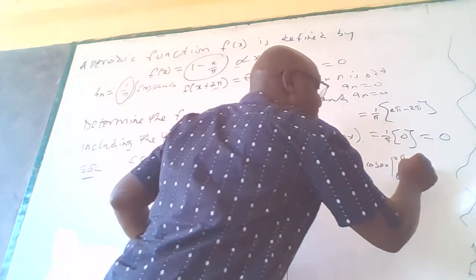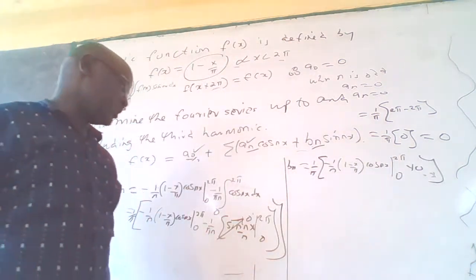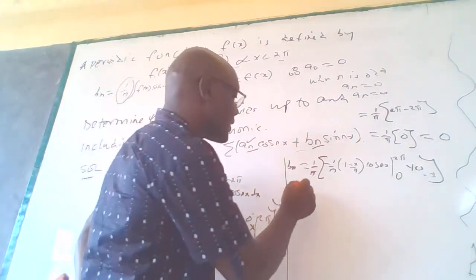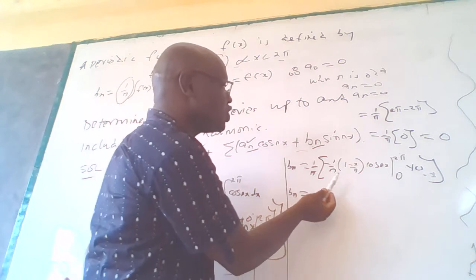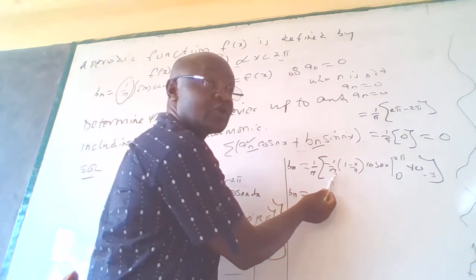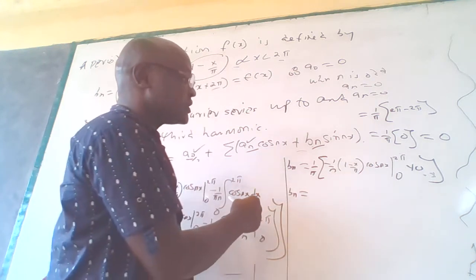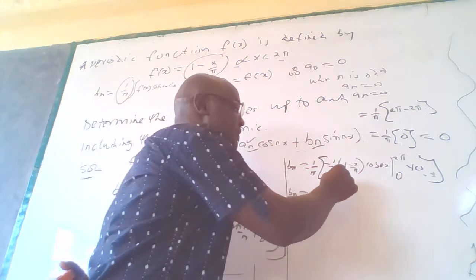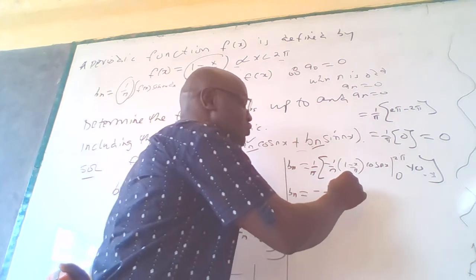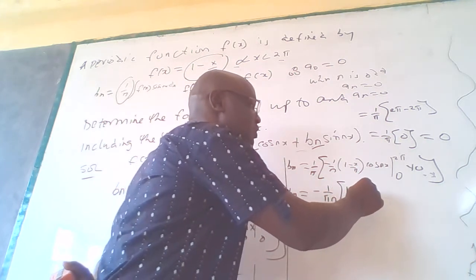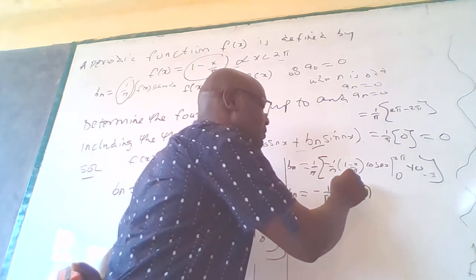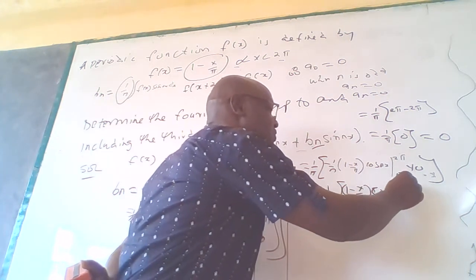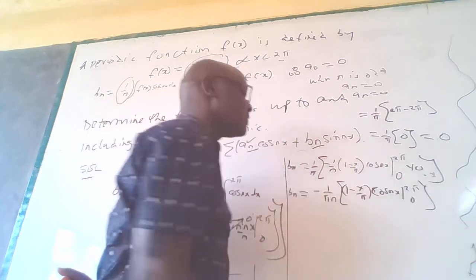So here we have plus 0. So we remain with this. Here we can take negative 1 over n outside, so that we have minus 1 over pi n into (1 minus x over pi) cos nx from 0 to 2 pi.